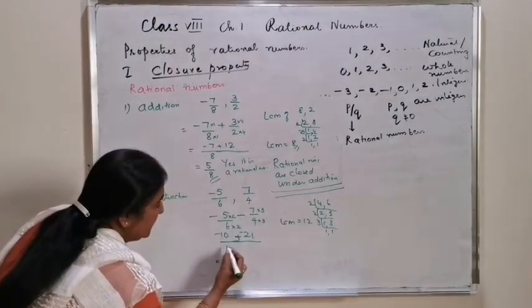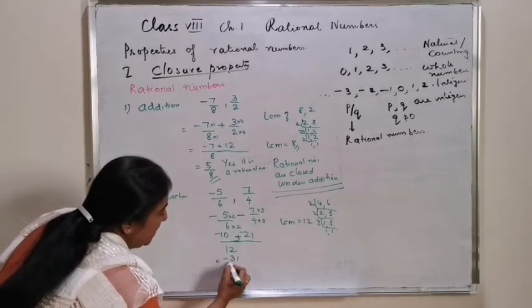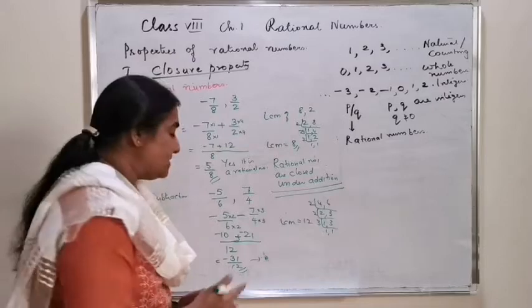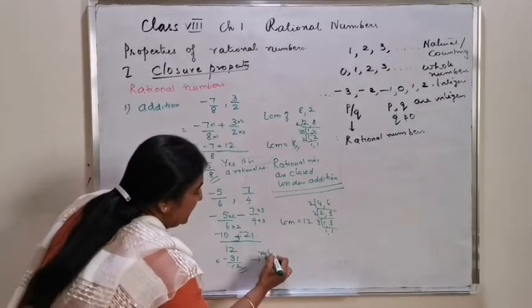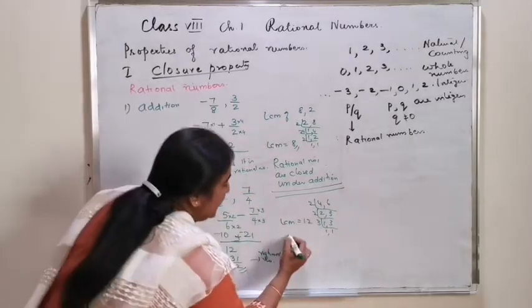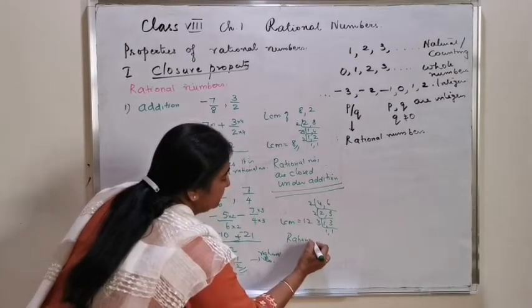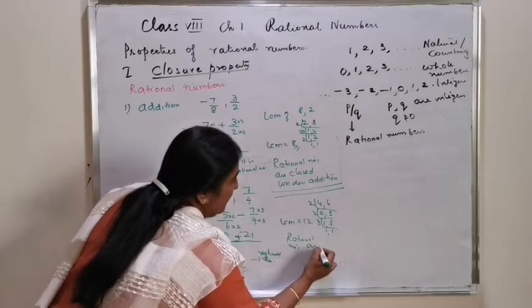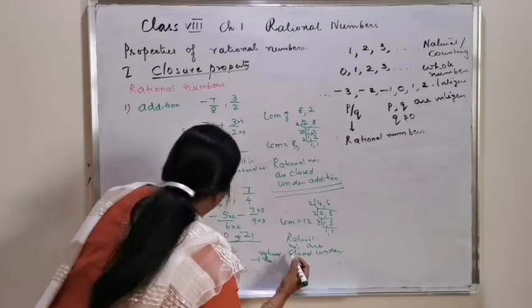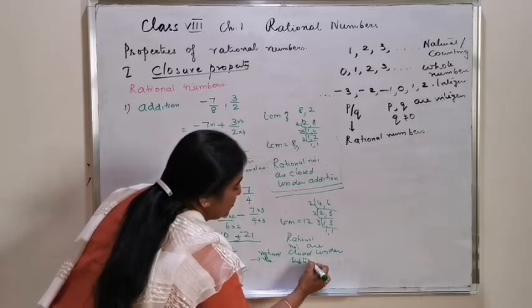The answer is minus 31 by 12. Is it a rational number? Yes, it is also a rational number, which proves that rational numbers are closed under subtraction also.